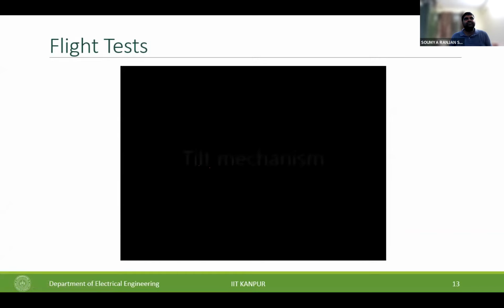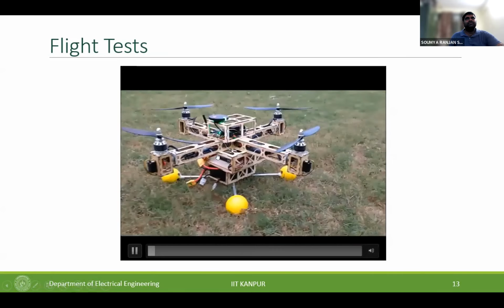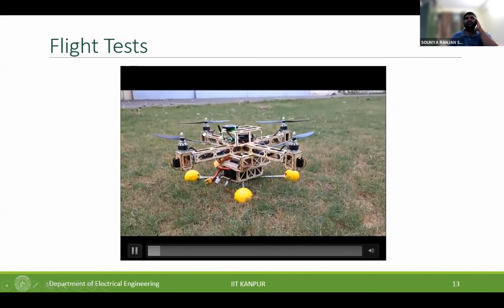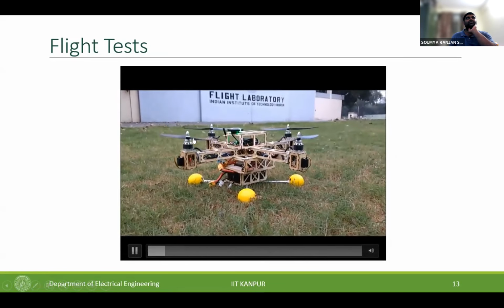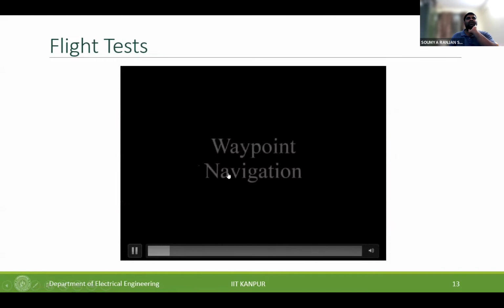I'll show you one preliminary test video that we had for this. If the video is visible, you can see that the diagonally opposite servos are coupled, so they are moving by the same angles whenever they are being commanded.